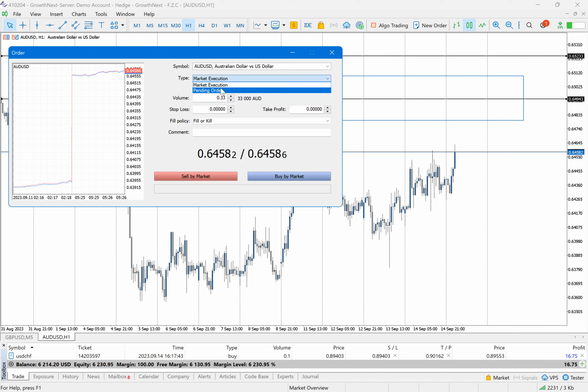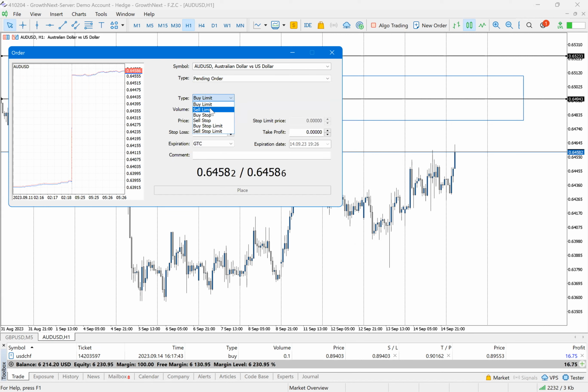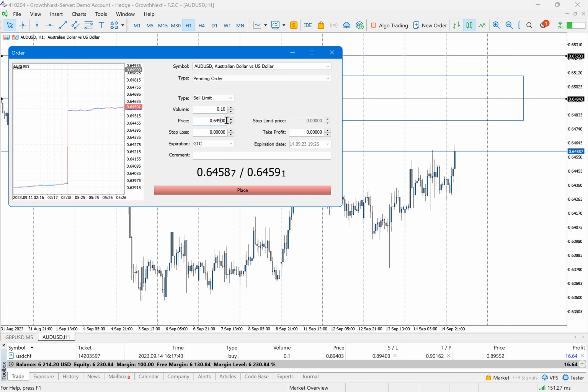It's actually going to be a pending order, sell limit. The price is going to be 0.64943, and then our stop loss is going to be 0.65233. So we're going to place that order.